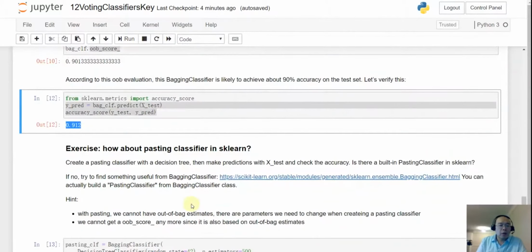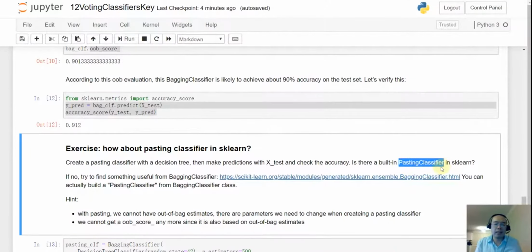Just now we said there is bagging and there is pasting. For bagging, there is a bagging classifier. So how about the pasting classifier? You can do a search, and do you see anything built into scikit-learn called pasting classifier? I did a search and I didn't find it.